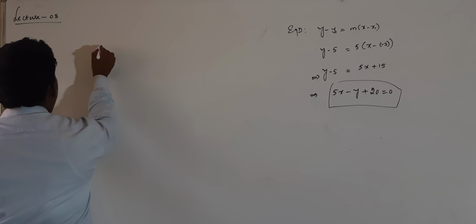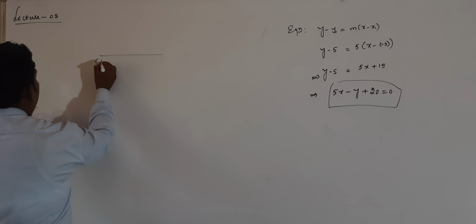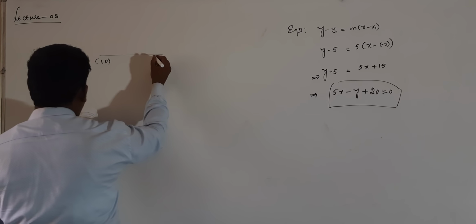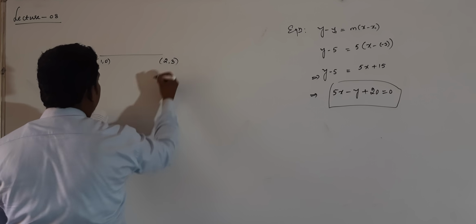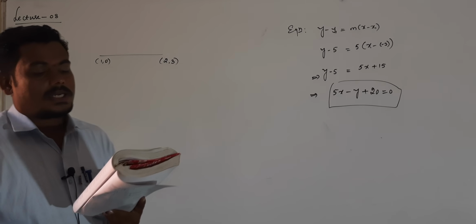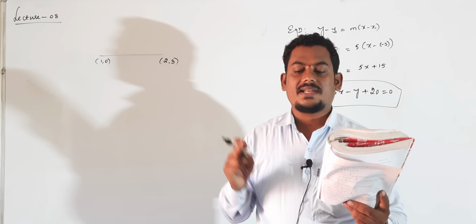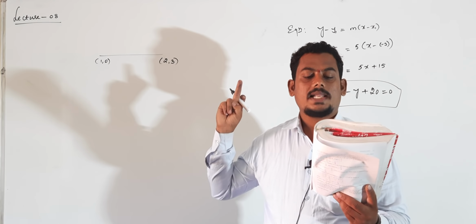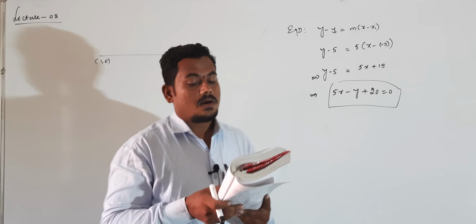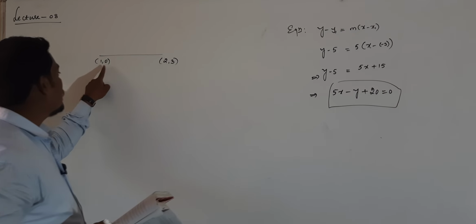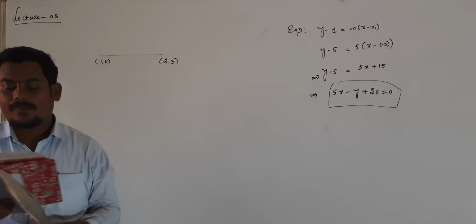For which points? For 1 comma 0 and 2 comma 3. A line, one of the lines which is perpendicular to the line segment joining the points 1 comma 0 and 2 comma 3, and it divides it in the ratio of 1:n.